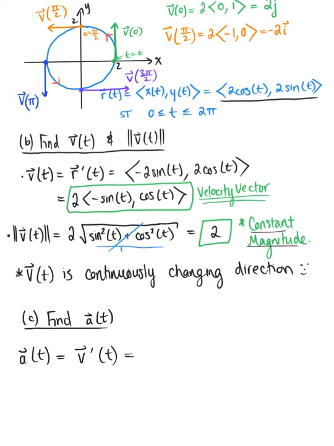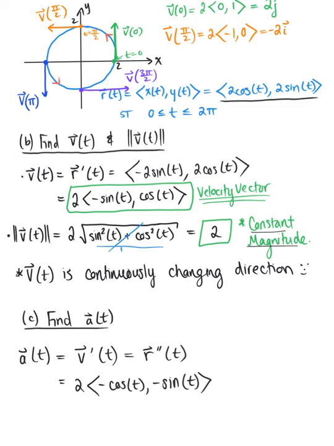Or in other words, the second derivative of the position vector. So looking at our velocity vector, this is leaving us with, keeping that scalar multiple of 2 on the outside, we have 2 multiplied by the vector minus cosine of t, minus sine of t.